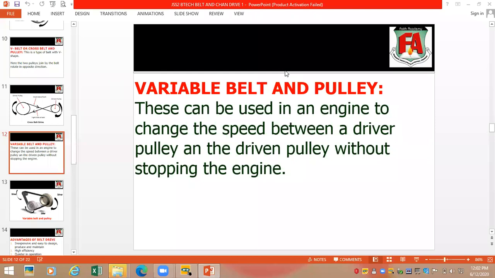Variable belt and pulley. This can be used in an engine to change the speed between the driver pulley and the driven pulley without stopping the engine.